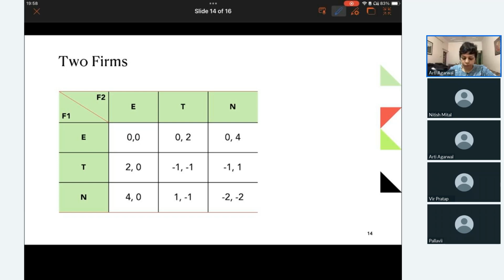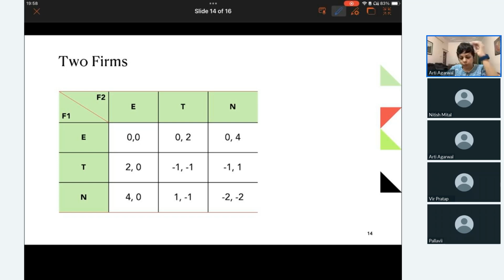So in the next quarter also, it's going to have the same payoff -1. If both of the firms operate for 2 quarters, T and N, they both get a payoff of -2, -2 because they get -1 payoff in the first and -1 payoff in the second.